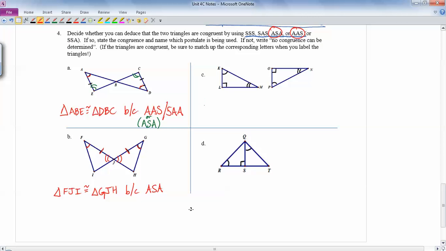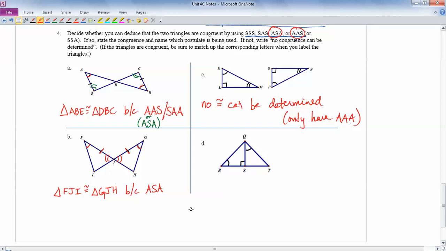So this one we would have to write, no congruence can be determined. Right, only have AAA. It turns out that's enough to say that they're similar triangles, but not enough to say that they're exactly the same size.